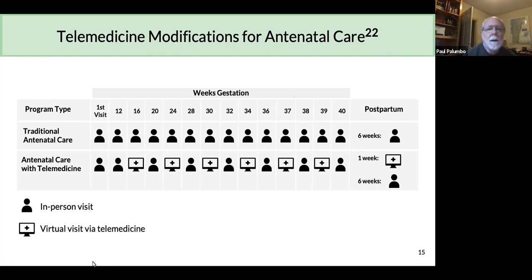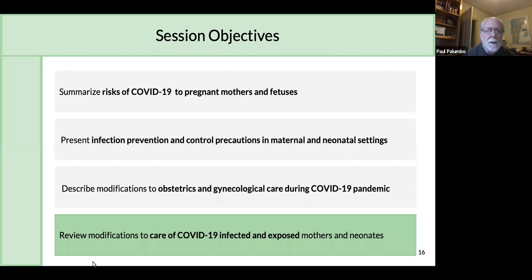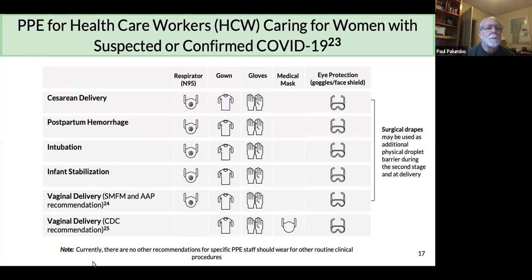Okay, and next slide. So finally, and most interestingly in some respect, is what can we do regarding care for mothers who are either known infected or exposed and for their newborns? Next slide.